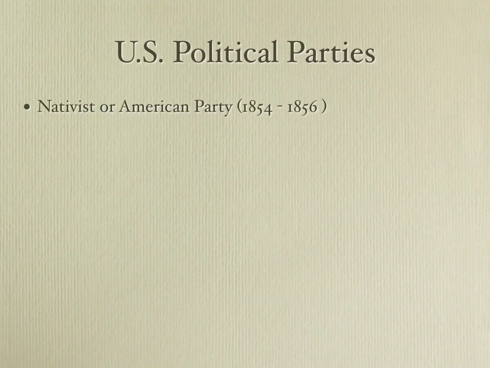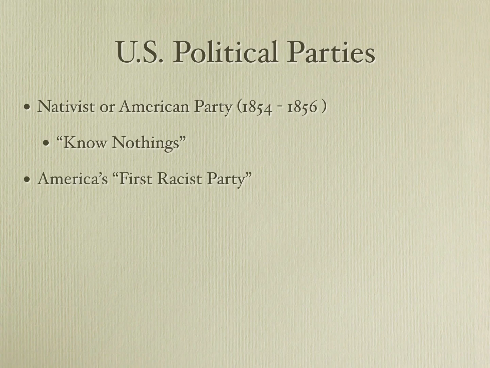There was a Nativist or American Party in 1854 to 1856. They were called the Know-Nothings. This was an extremely racist party, and some people argued that it was America's first racist party. And why Know-Nothings? Well, people would ask them if they belonged to the American Party, and what they would shout back is, "I know nothing."